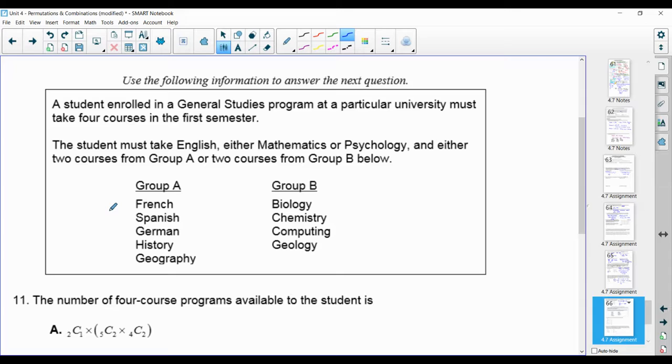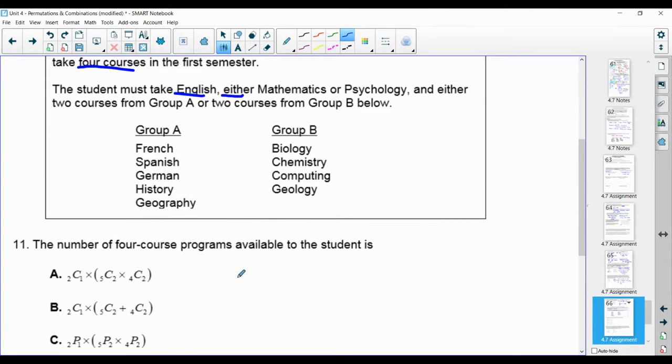All right, number 11, it says a student enrolled in a general studies program at a particular university, and they must take 4 courses in the first semester. The student must take English. They can take either math or psychology, and either 2 courses from group A or 2 courses from group B. And so we want to consider the number of 4 course programs available to the student.